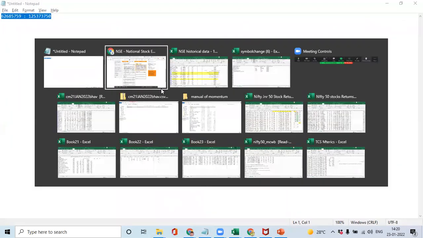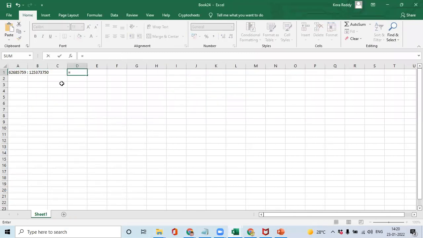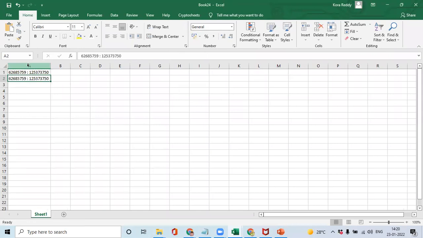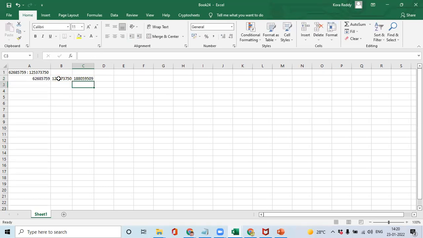For this, the adjustment is (A plus B) by B, where this is A and this is B. So A plus B by B. One is to 1.5.